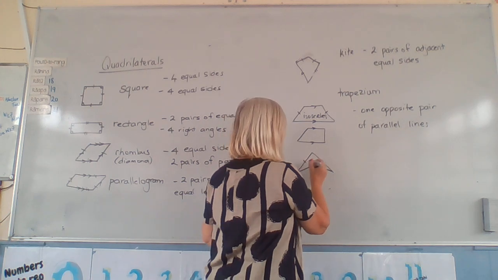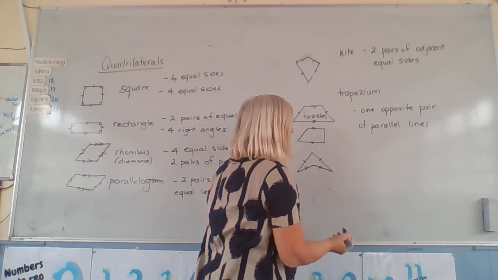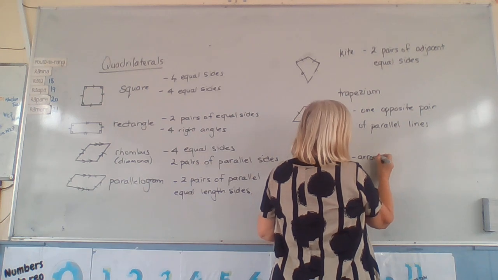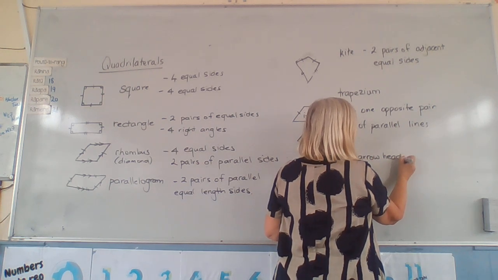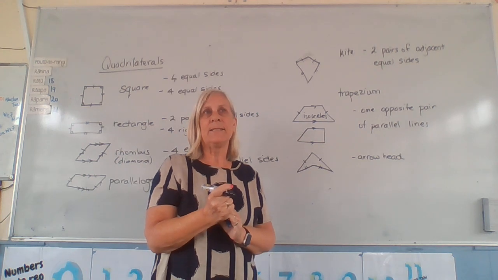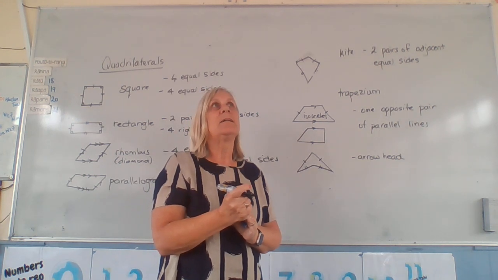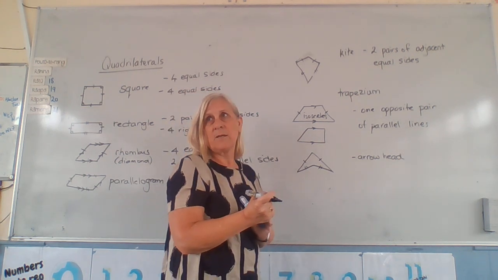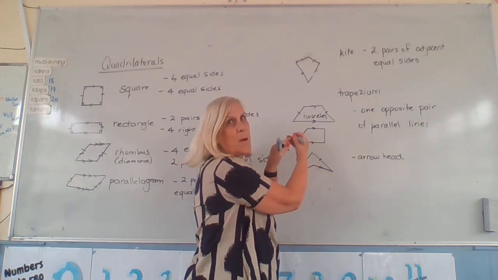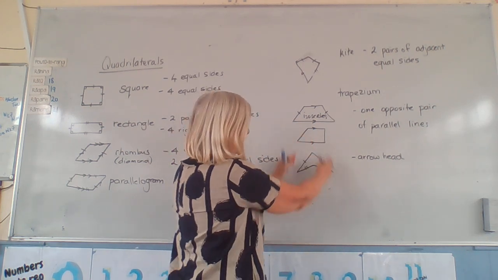An arrowhead, we call it. All right? This is an arrowhead. And actually, it could have a fancier name. It could be called a convex kite. Right? Because it's just this one, instead of coming down here, has gone upwards. So, I love it.